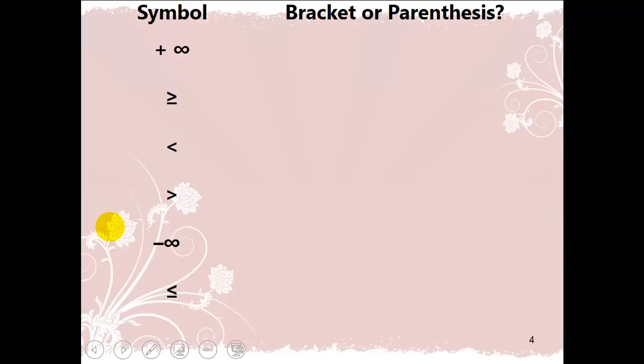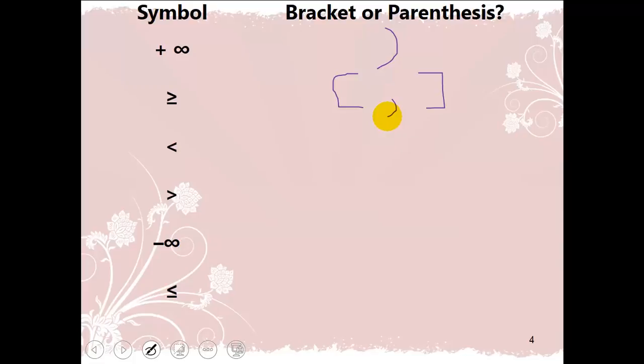Well, positive infinity is always going to use a parenthesis. A greater than or equal to symbol is always going to use some bracket, either one of those, depending on where your value is placed in the expression.